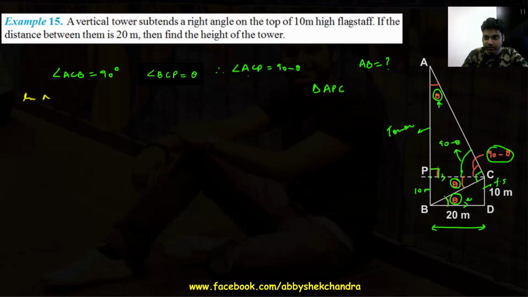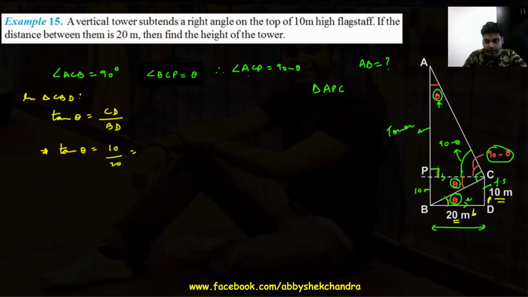In triangle CBD, tan theta will be equal to, why am I using tan theta? Because this side and this side are known, and this is the perpendicular with respect to theta, and this is the base. So tan theta will be equal to 10 by 20, that is half.